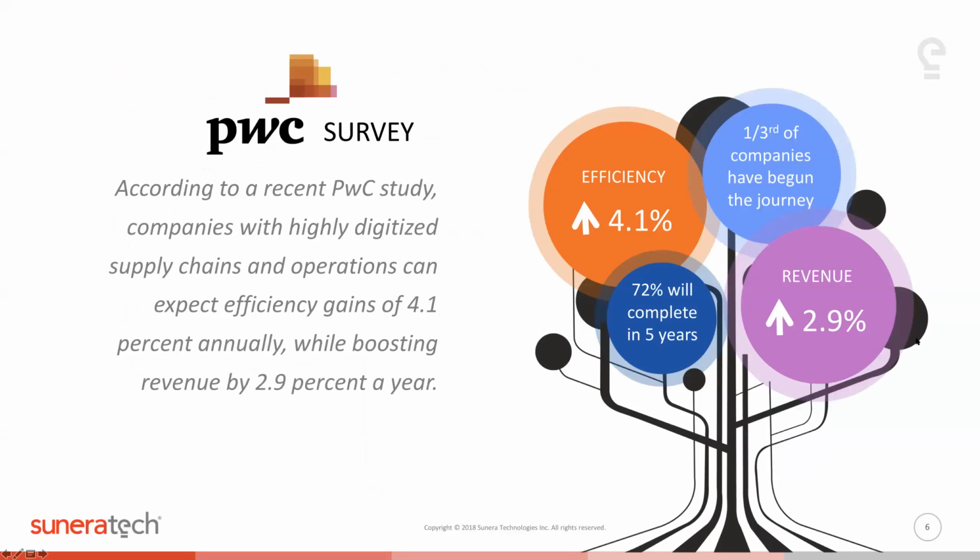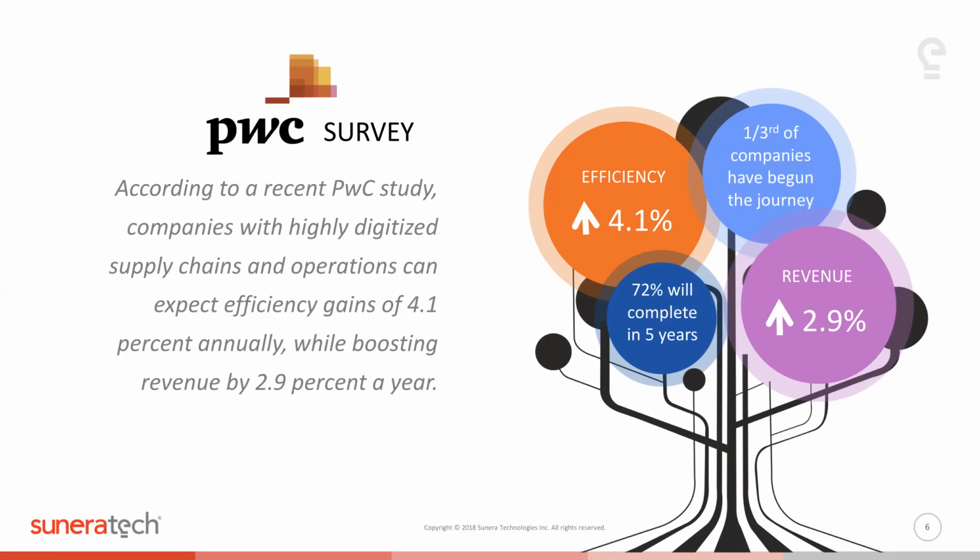But what's interesting is what I present in the next slide. A PwC survey, which was done about a year ago, with a number of supply chain managers across the manufacturing industry, has reported that by implementing a digital supply chain, people have started to realize that efficiency is going up by at least 4.1%. There's a revenue increase of close to 3%.